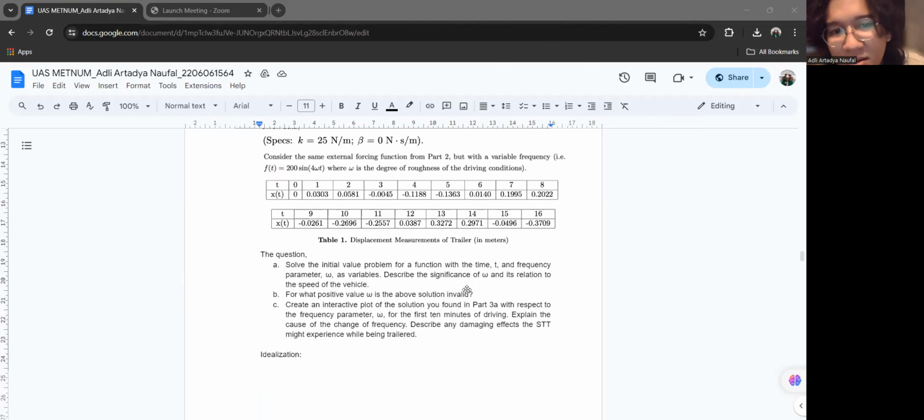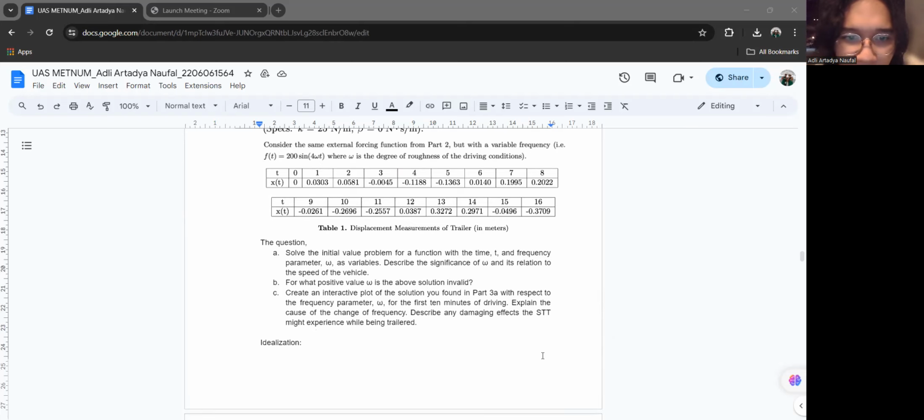And with the question A, solve the initial problem for the function with time t and frequency parameter omega as variables. Describe the significance of omega and its relation to the speed of the vehicle. And B, for what positive omega is the above solution valid.